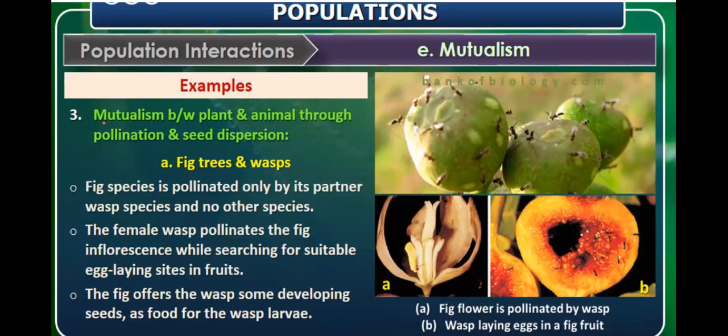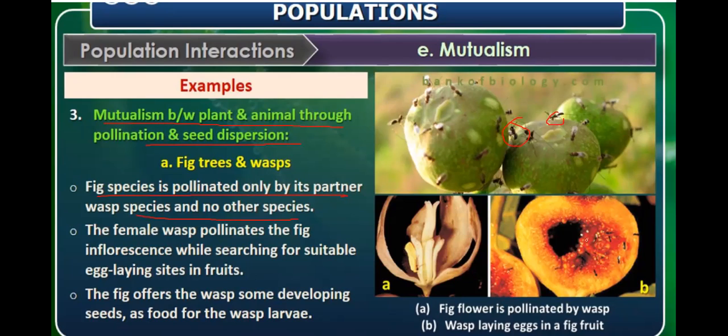Mutualism between plant and animal through pollination and seed dispersion. Fig tree and wasp. This is the fig tree and these are the wasps. A fig species is pollinated only by its partner wasp species and no other species.